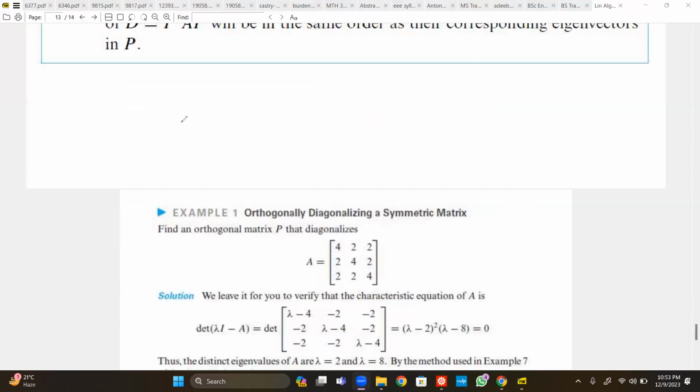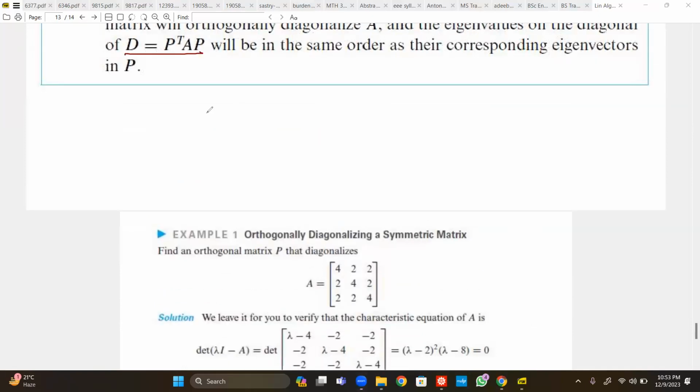If you have a relation like this, D equals P^T AP, if A is orthogonally similar to a matrix which is diagonal, we call A orthogonally diagonalizable. That was the definition, right? So if A is orthogonally diagonalizable, we should be able to find an orthogonal matrix P so that we can relate A to some diagonal matrix D in this way.